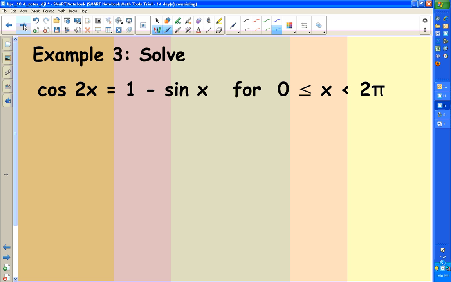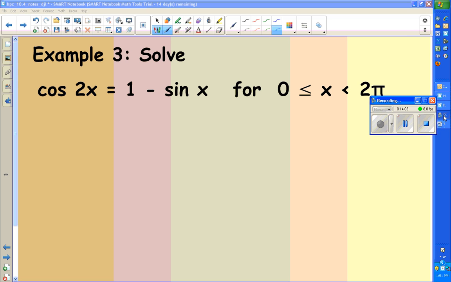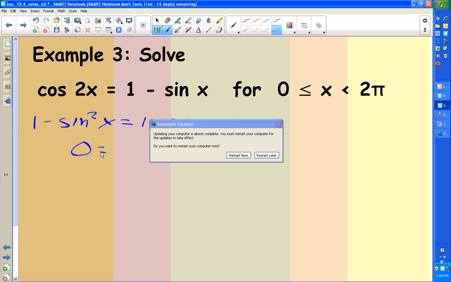Switching the signs. All right, so what are we going to replace cos 2x with? So you want to bring everybody to the right.